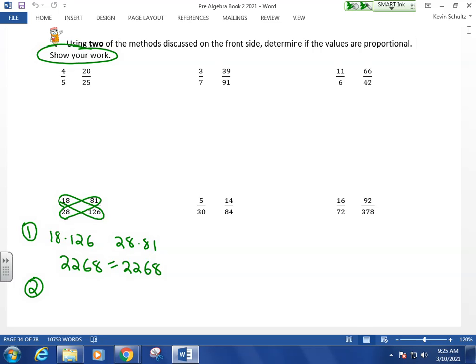To compare the decimal values, I'm just taking each fraction and dividing. 18 divided by 28 is a long, nasty decimal, but it's approximately 0.64. 81 divided by 126 is the same long, nasty decimal that I got for 18 divided by 28, approximately 0.64. So yes, these are equal. I've proven it using 2 different methods. They are equivalent.